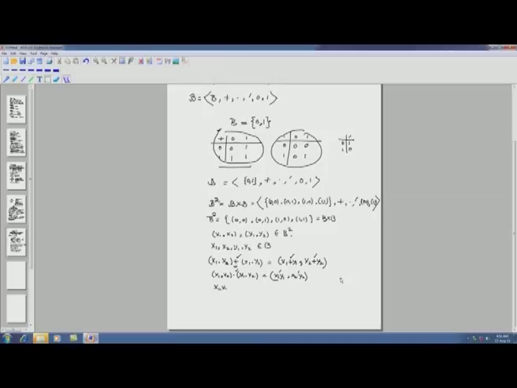And for the complement, again if we have x1 x2 complement, we will just define it as x1 complement, x2 complement.